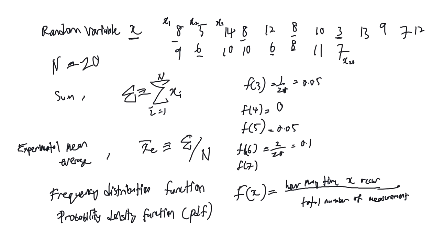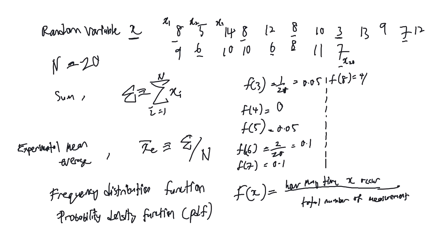f7, do we have 7? Yes, 1, 2. So 0.1. And then f8: 1, 2, 3, 4.